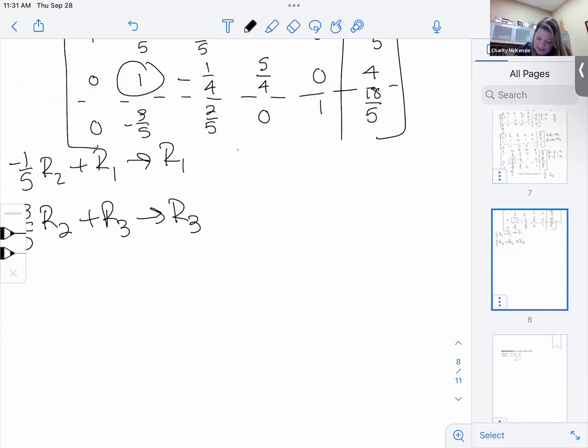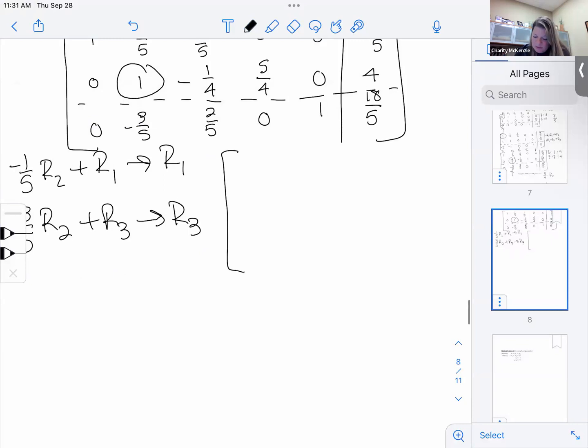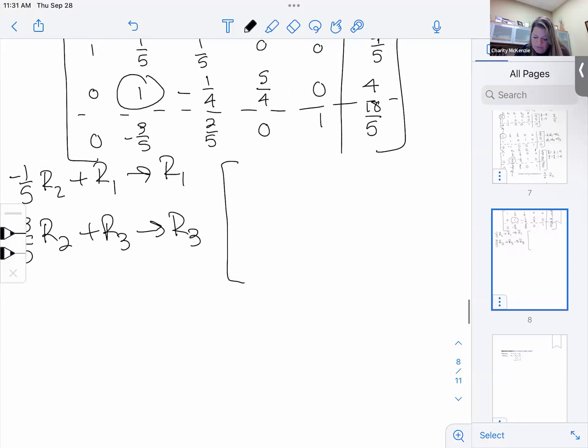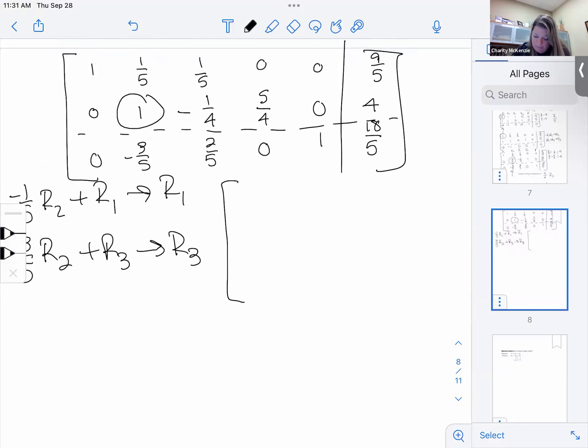There we go. So negative 1/5 times 0 plus 1 is still a 1. Negative 1/5 times 1 plus 1/5 is that. Negative 1/5 times negative 1/4 is a positive 1/20th. 1/20th plus 1/5 is 1/4.